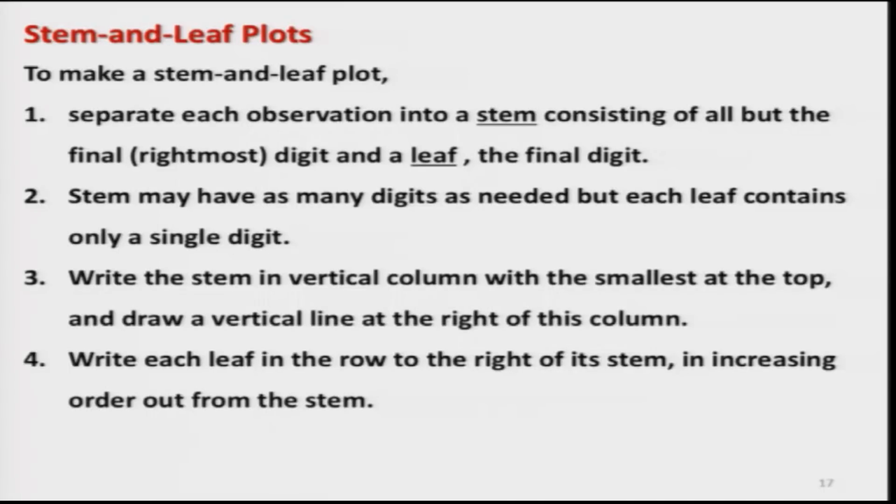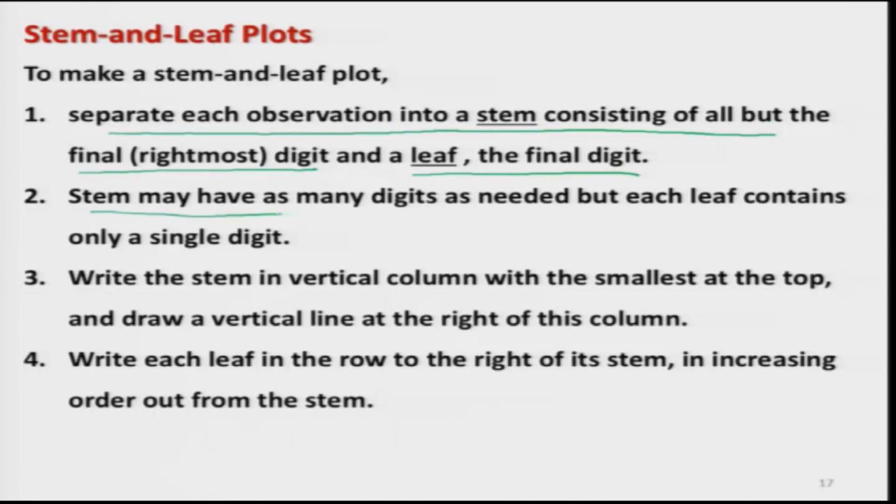In order to create the stem and leaf plot, what do we have to do? First, we need to separate each observation into a stem, consisting of all but the final, rightmost digit, and a leaf, which is the final digit. The stem may have as many digits as needed, but each leaf contains only a single digit. This is the key point.